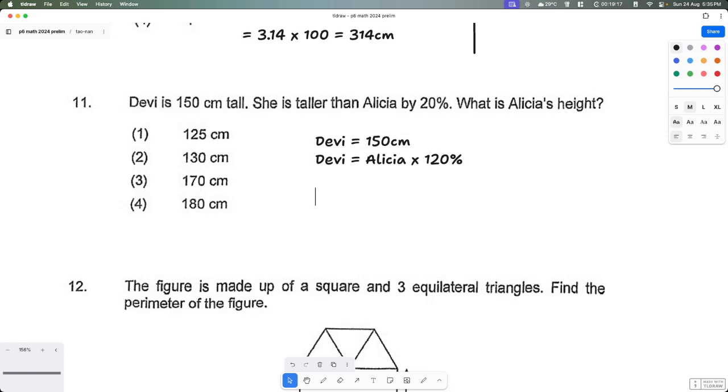That means 120% is equal to 150. So 100% is equal to 150 divided by 120 times 100. Essentially it's basically 150 times 100.